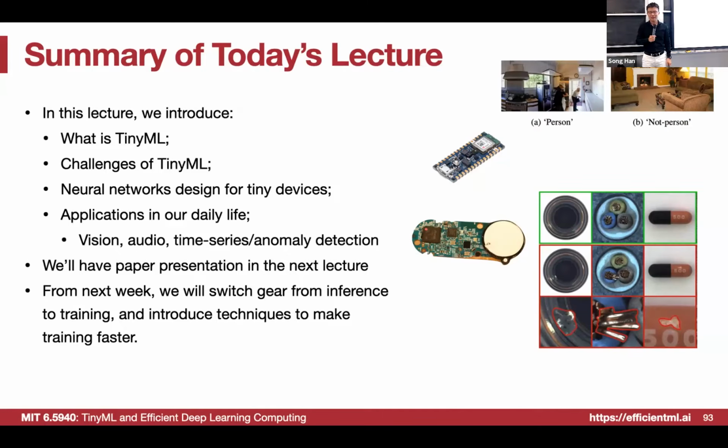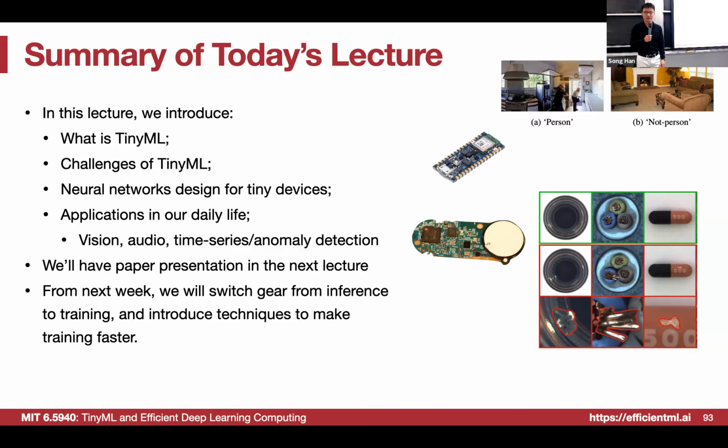All right, so in summary, today we learned about TinyML, the challenges of TinyML, the small memory size, orders of magnitude smaller than GPUs and mobile phones, and how we design neural networks to fit many different dimensions, from the weights to the activations. In the future, we are going to talk about gradients when we talk about on-device training, and also the SRAM, the flash, different aspects, and also the design space.